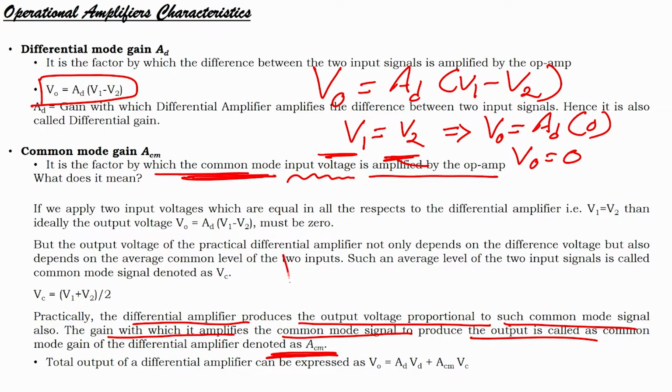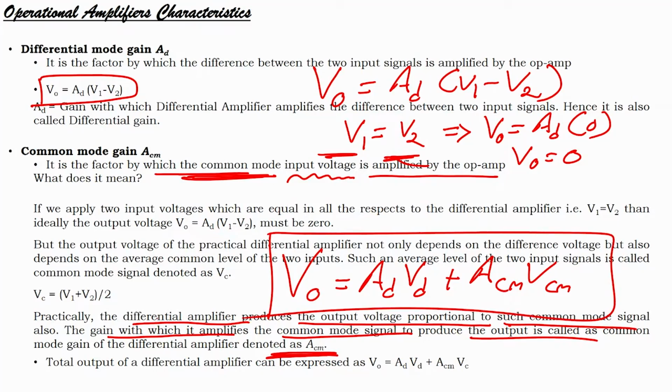So now my VO will not only depend on AD and V1 minus V2, which is VD, but it will also depend on ACM and VCM, the common mode gain and the common mode voltage. So my new formula for output voltage will be AD VD plus ACM VCM.